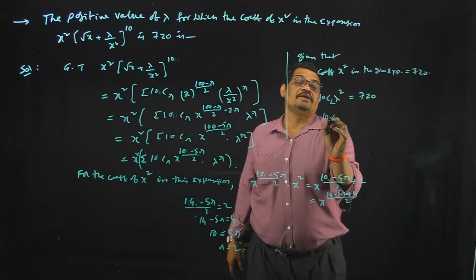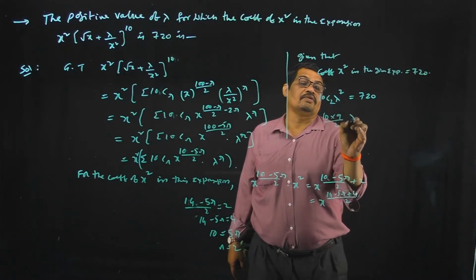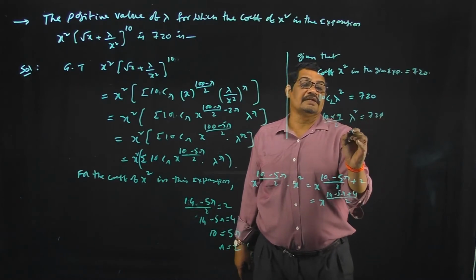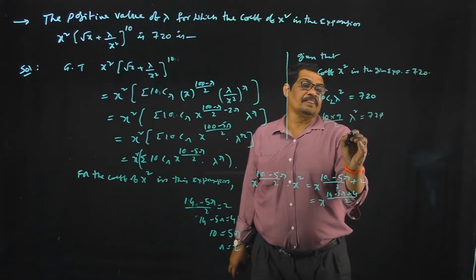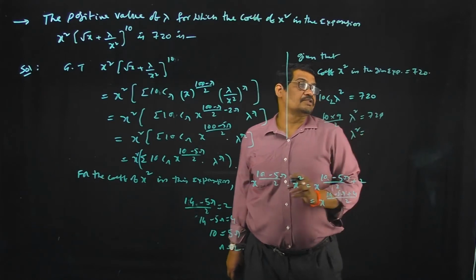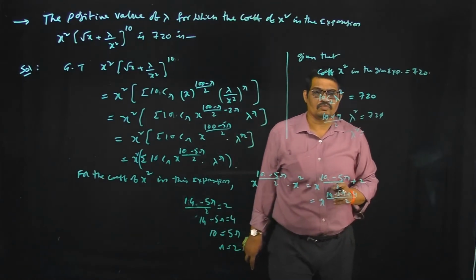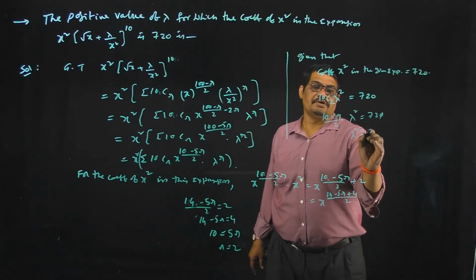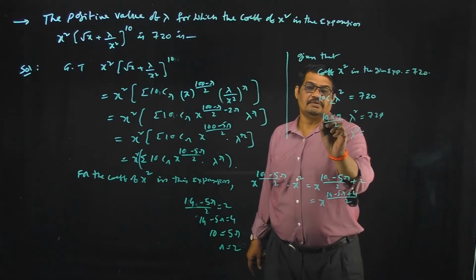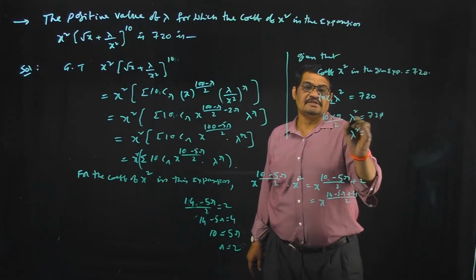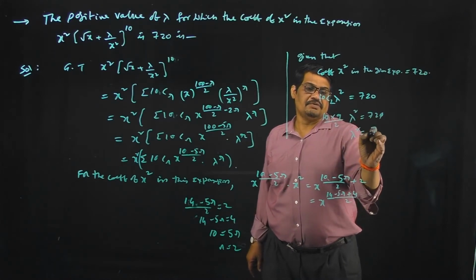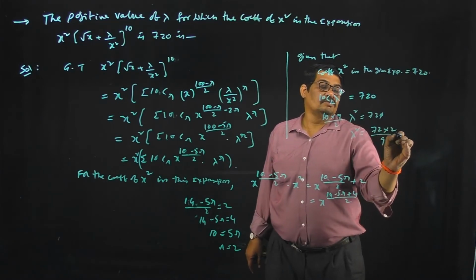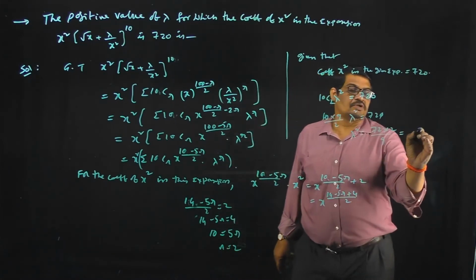What is 10C2? That is 10 into 9 by 2 factorial into lambda square is equal to 720. This 2 will be cancelled. So lambda square is equal to, okay, that is 72. This 10 will be cancelled, so 72 into 2 by 9.